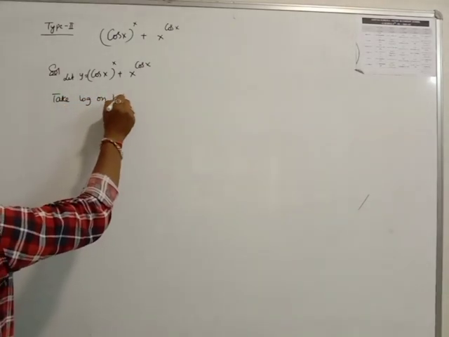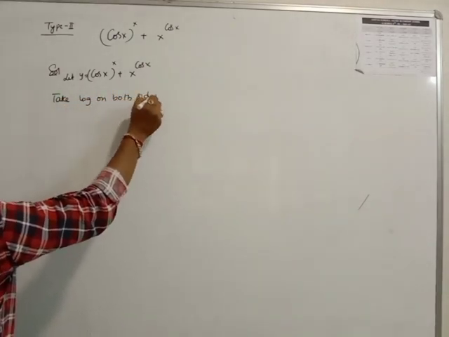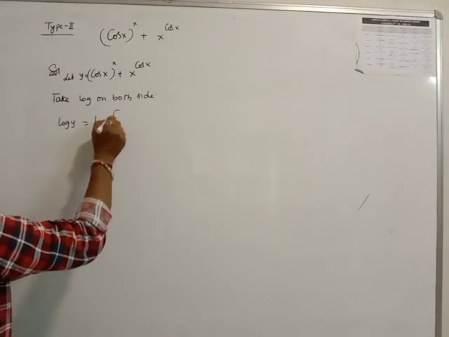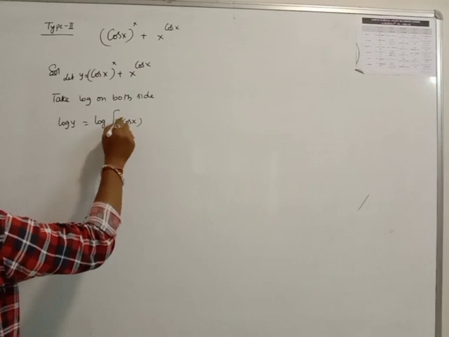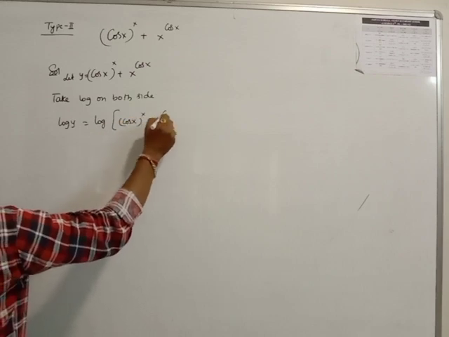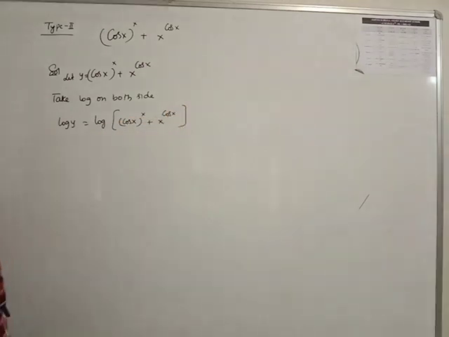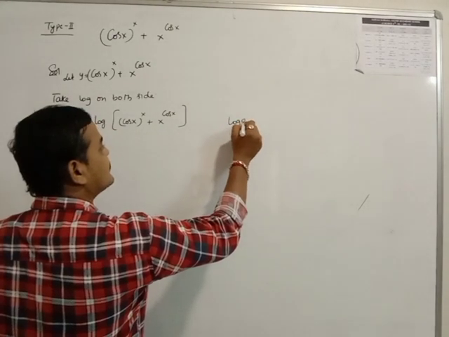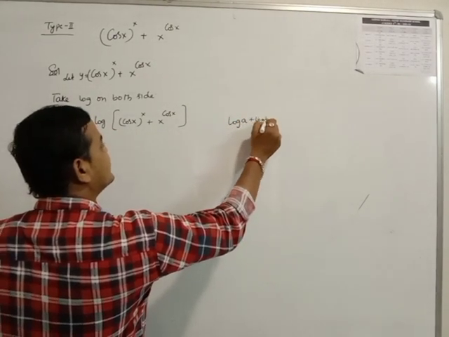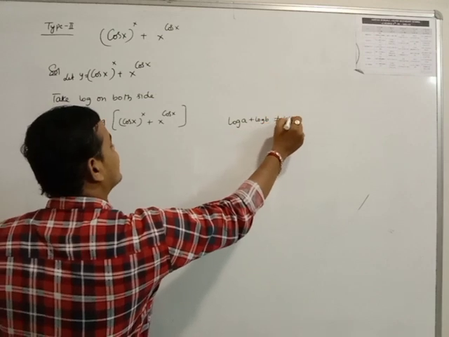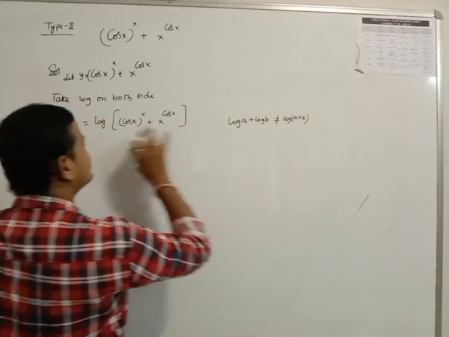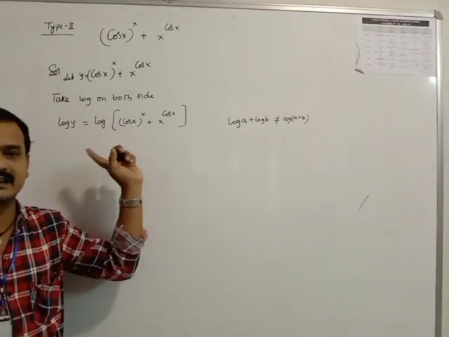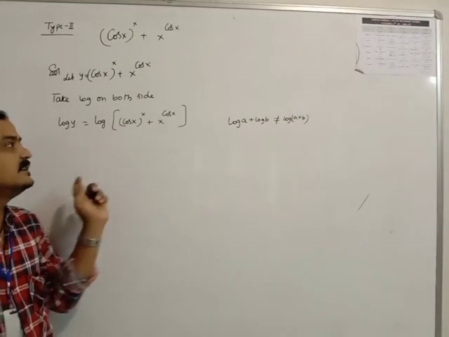If I directly apply the log, it means log y is equal to log of (cos x to the power of x plus x to the power of cos x). As I said at the start, log a plus log b is never equal to log of a plus b. So you cannot expand by applying log to both functions directly. So this method fails.